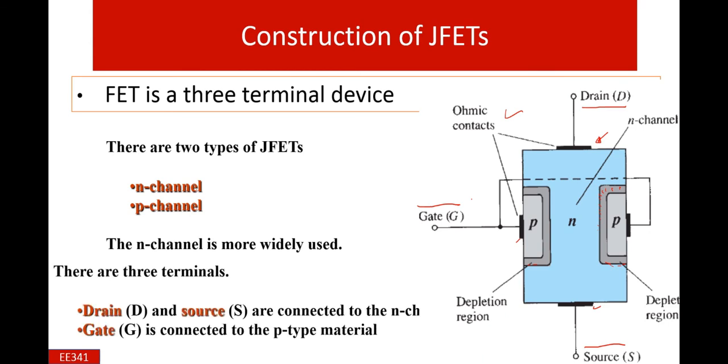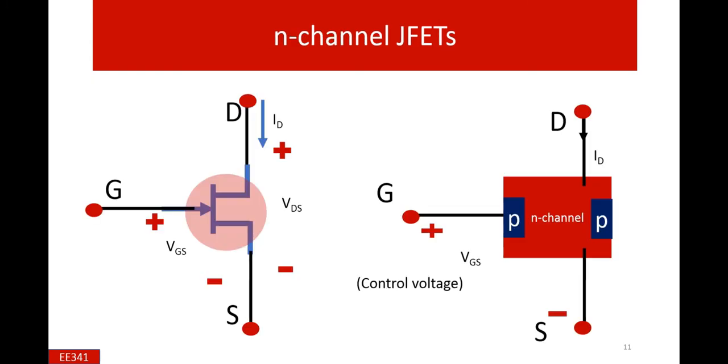N channel is mostly used, and I think that is enough from the construction point of view of the JFET. Okay, this is the schematic related to the N channel JFET. These are the three terminals: gate, which is connected to this P type and this P type, and this is the drain and this is the source.